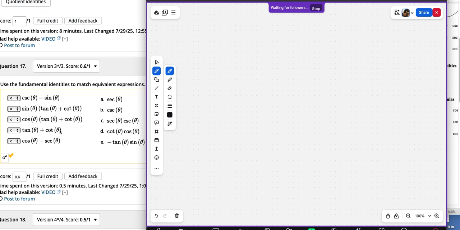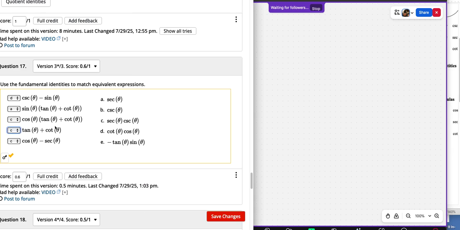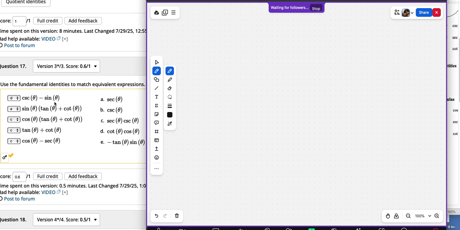So once I figure out what that is, I can use that to answer all 3 of these. So I'm going to start with the most simplified version of it, which is tangent theta plus cotangent theta, and figure out what this reduces to, and then I can plug that into those other 2 equations and not duplicate that work. That doesn't always work, but since this one has this repeated expression in it, I might as well take advantage of that.